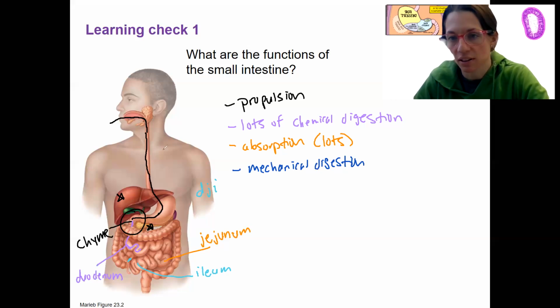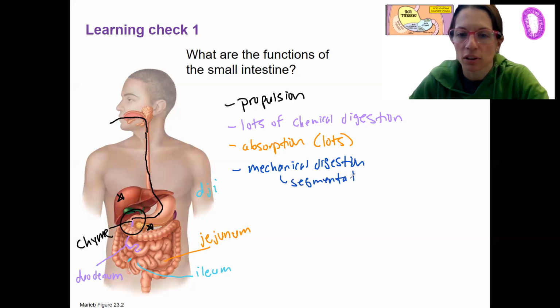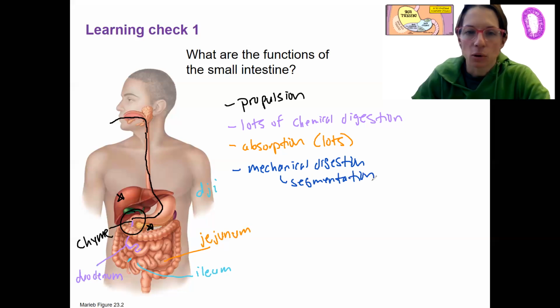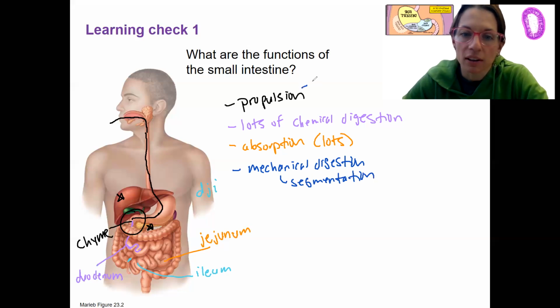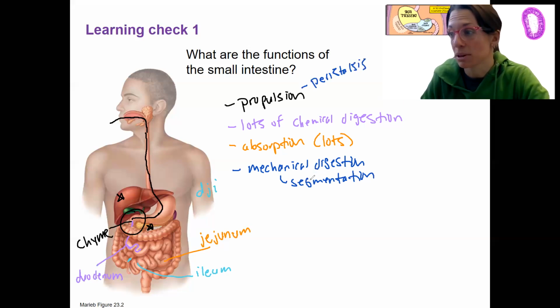It's small intestine initiated or controlled. It's primarily segmentation is what this is called. So propulsion is mostly peristalsis. Mechanical digestion is going to occur via segmentation.